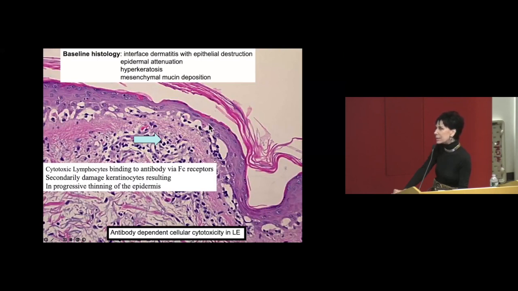In addition, there is a component of epithelial injury that reflects classic complement pathway activation, where the membrane attack complex C5b-9 is also contributing to the epidermal injury and the progressive resorption of the epidermis.